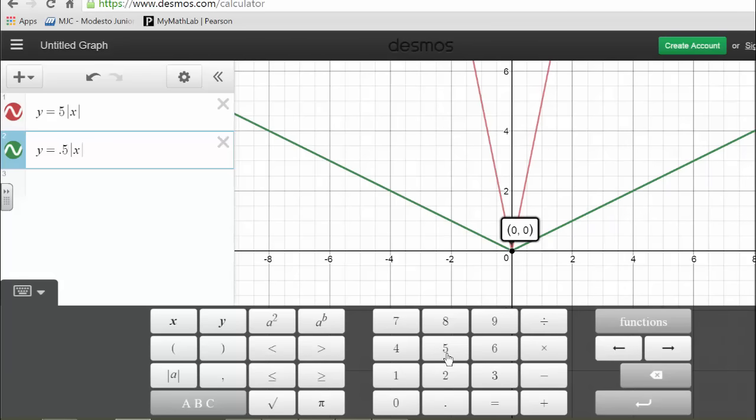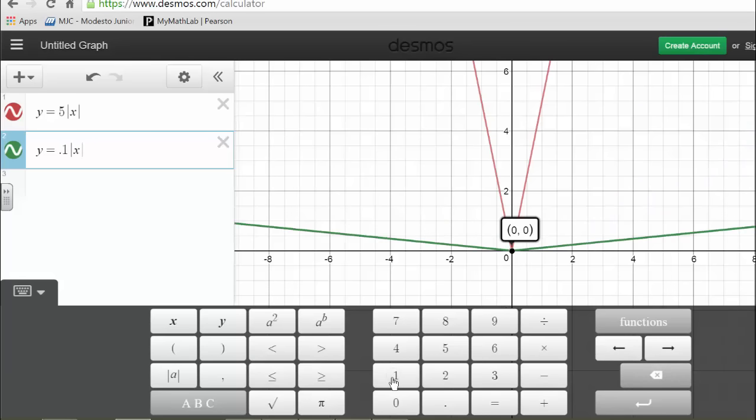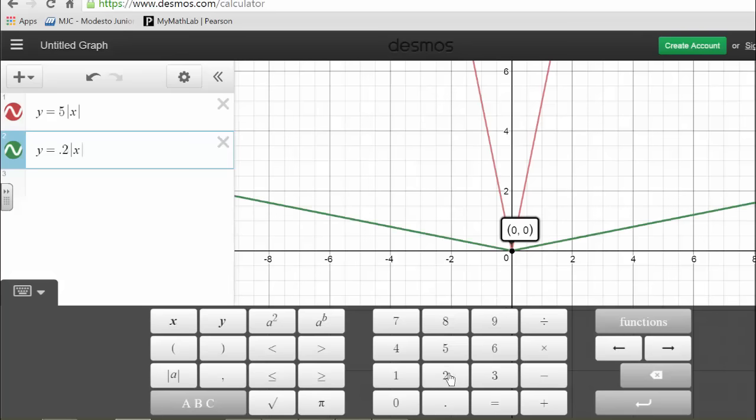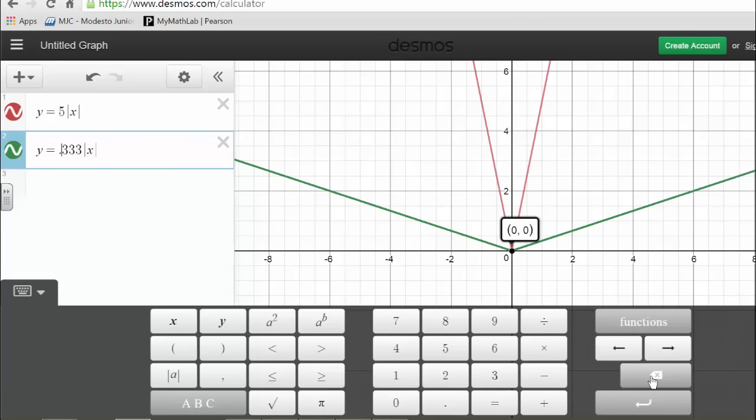Look at what happens if you do 0.5 or 0.1 or 0.2 or 0.333. Oops, you don't need 2 decimal points. That's called you shrunk it, or a compression. Imagine you push down on the graph and it's a lot wider.